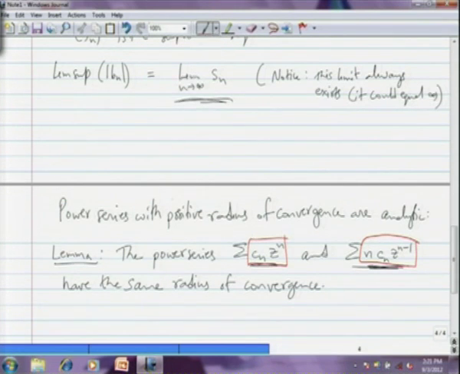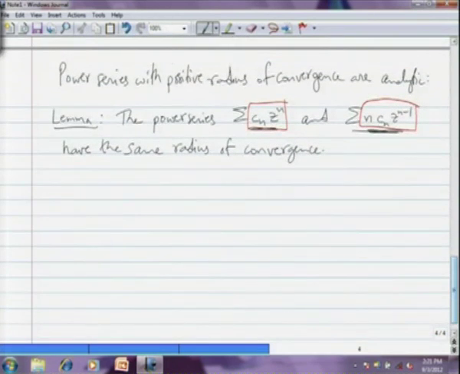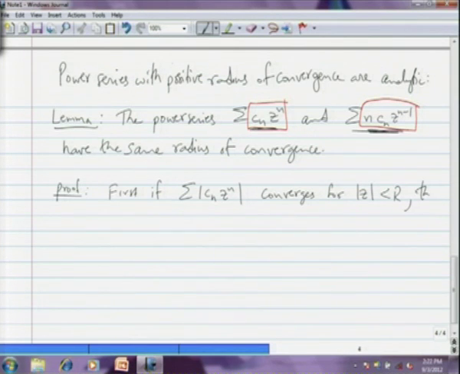So, let us prove this. The proof is as follows. First, if this converges absolutely, which is within the radius of convergence, that is, for modulus of z less than r, then choose rho such that modulus of z is less than rho, which is less than r.